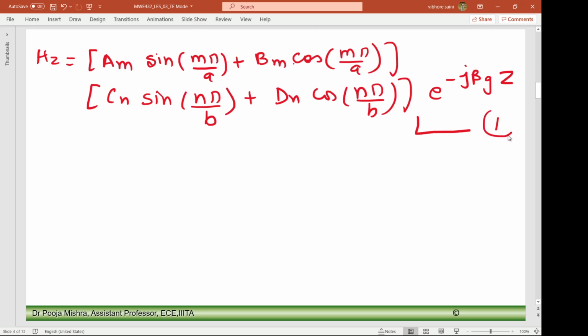Let's make it equation number 1. This is the solution of TE mode for Hz.